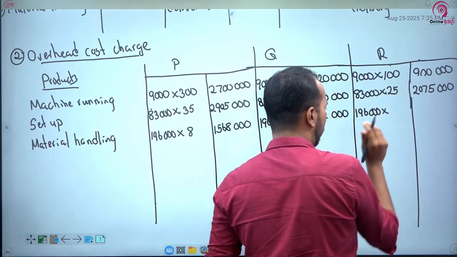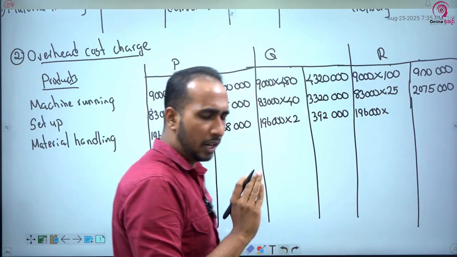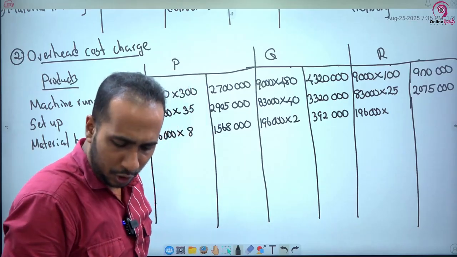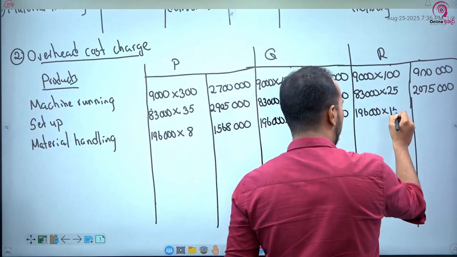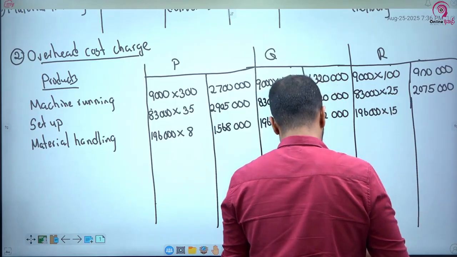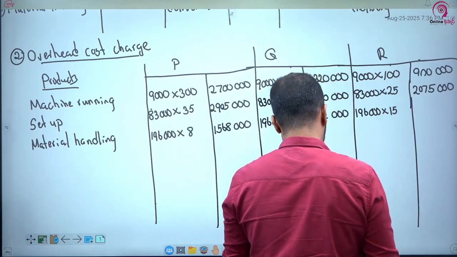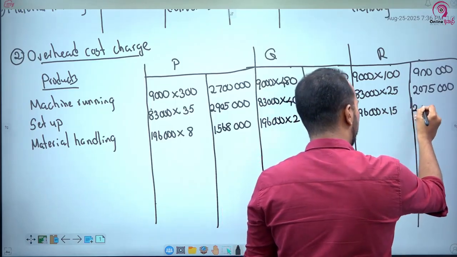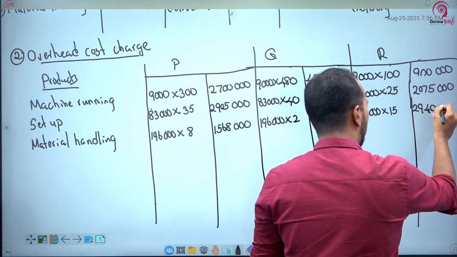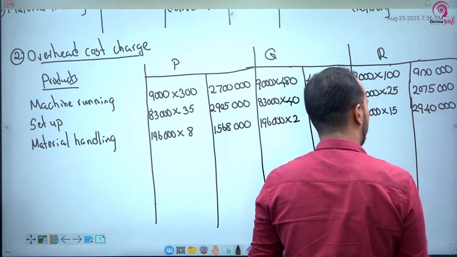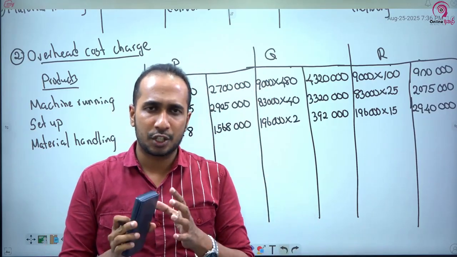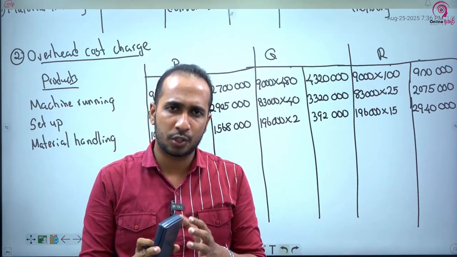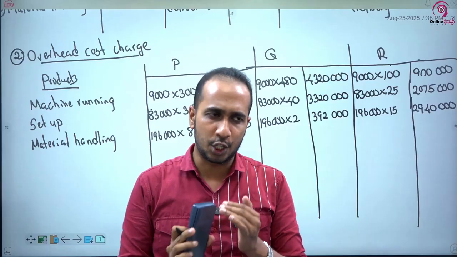As per the question, we have done 15 deliveries. So 196,000 multiplied by 15 is 2,940,000.